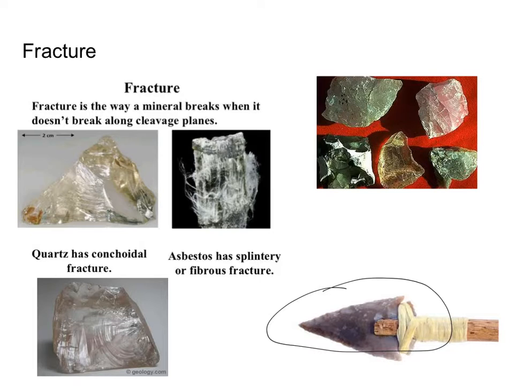Those are all minerals that don't have a particular cleavage plane, and they were all very important in Stone Age technology, stone cutting tools, because you could flake off bits of the stone, the mineral surface, and leave very sharp edges to them.